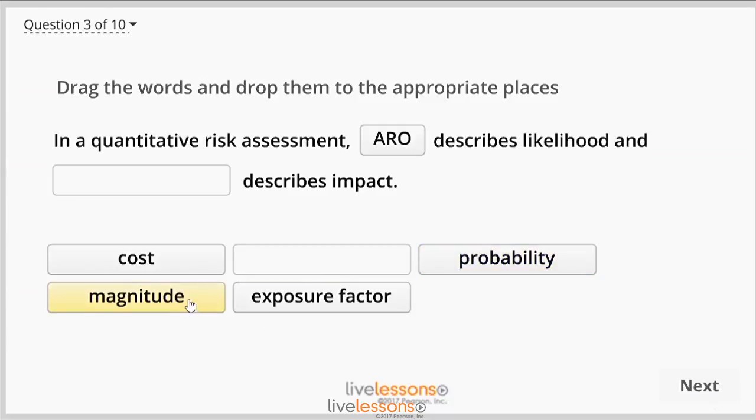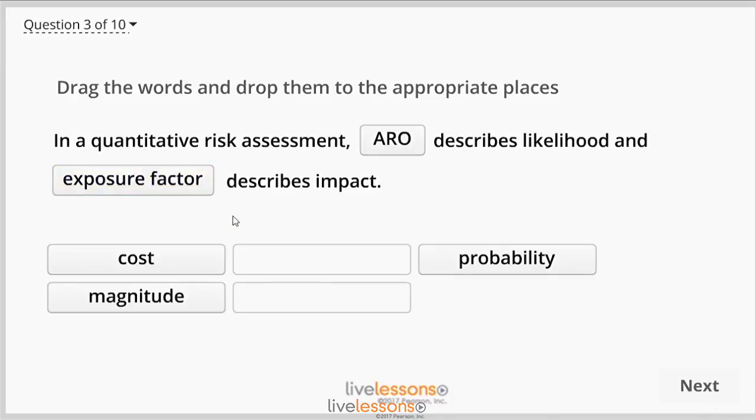Well, we sometimes talk about the magnitude of impact, but remember, we're talking about a quantitative risk assessment here, so we want to look for the terms that have a lot to do with a quantitative risk assessment. So that's going to be our EF, or our exposure factor. So in a quantitative risk assessment, that's our key: ARO, annualized rate of occurrence, describes likelihood, and exposure factor describes impact. On to the next.